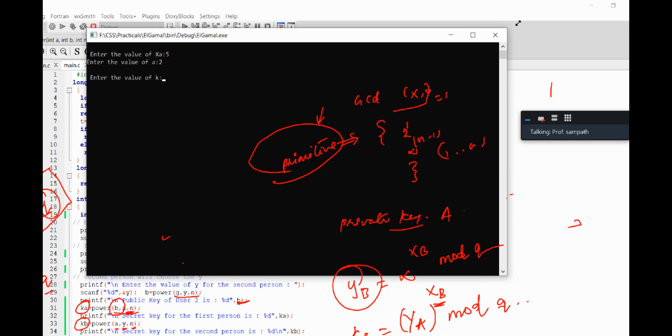Enter the value of K, 5. Let me take XA as 5, my Q value equal to 11, and M value equal to 10.